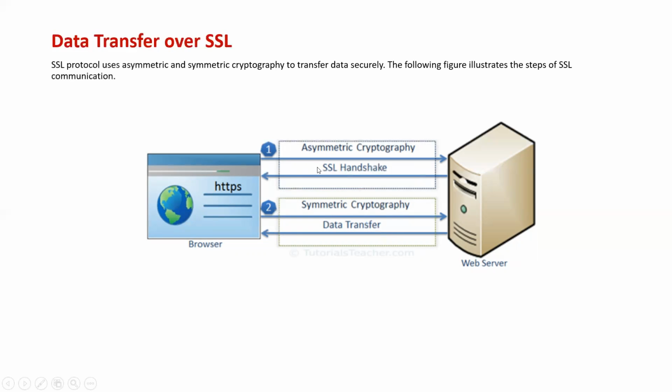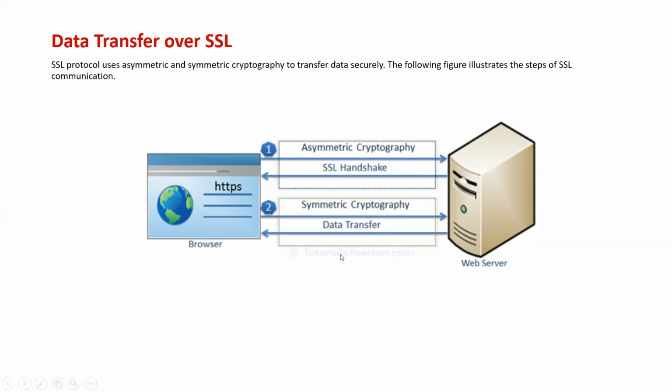So this will send the request as an asymmetric cryptography algorithm with public key and private key, and when it sends a response to the client, it uses symmetric cryptography where the actual data is being transferred. Here it is an SSL handshake. That means the browser verifies the web server, gets the public key, and establishes a secure connection.